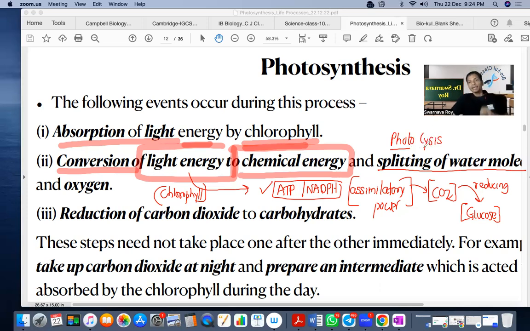So using light, water is broken down, and from here oxygen is evolved, and also protons, H plus ions. We will see how these protons form a proton gradient, and how this gradient ultimately helps in the production of ATP. ATP is one of the assimilatory powers.